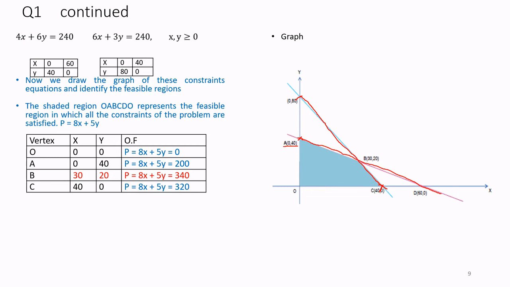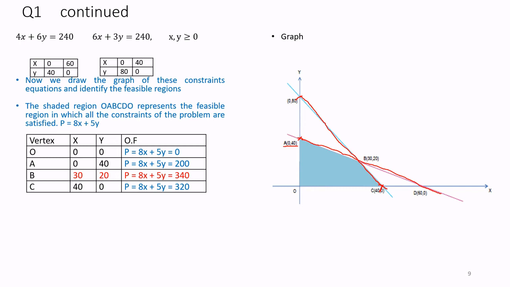At point B, P is equal to 8 into x, x is 30, plus 5 into y, y is 20. So 8 into 30 is 240 plus 5 into 20 is 100. So the value is 340. At point C, x is 40 and y is 0. Therefore, P is equal to 320.